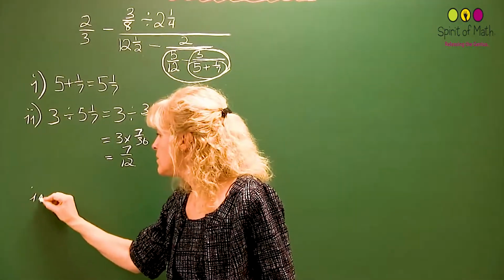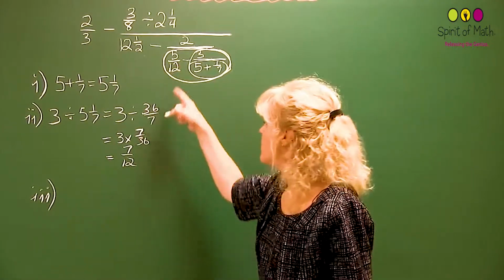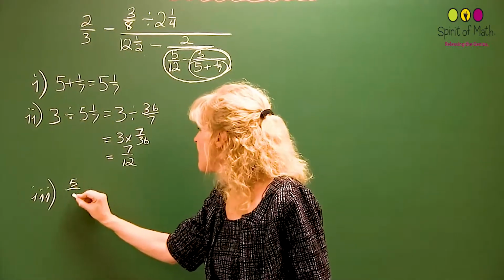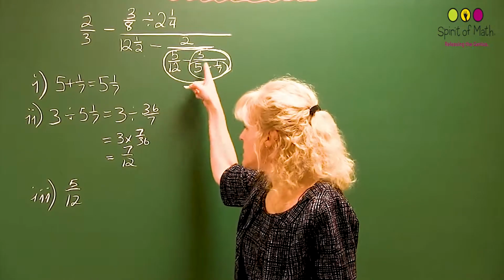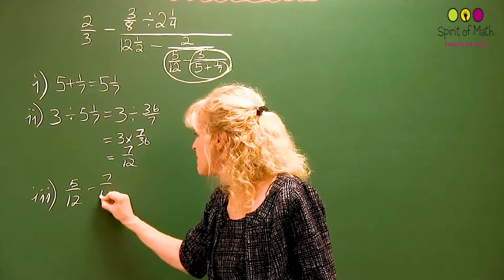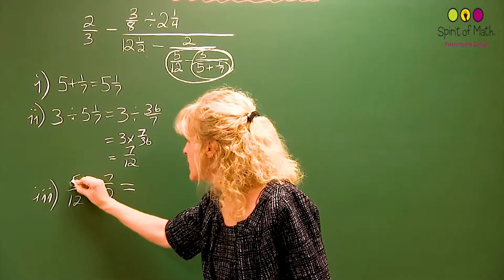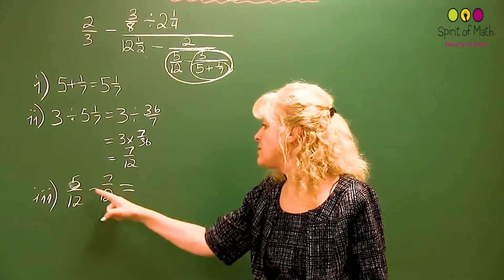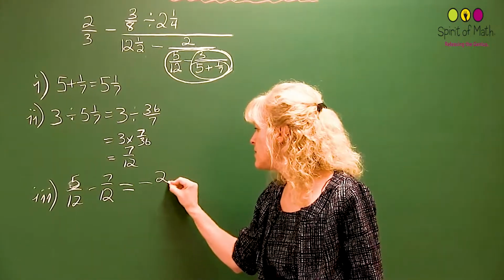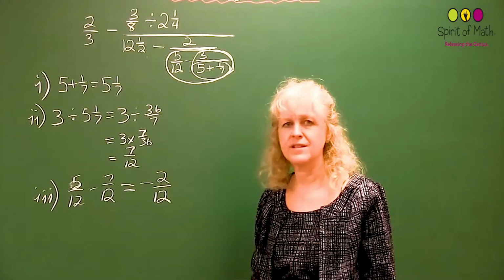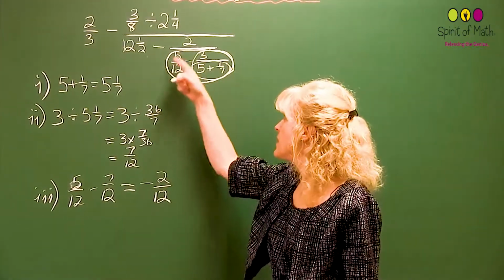So step 3 would be the 5/12 minus the 7/12. So 5/12 minus, let's make that a proper 5. 5/12 minus 7/12 is negative 2/12. Now you've got up to here.